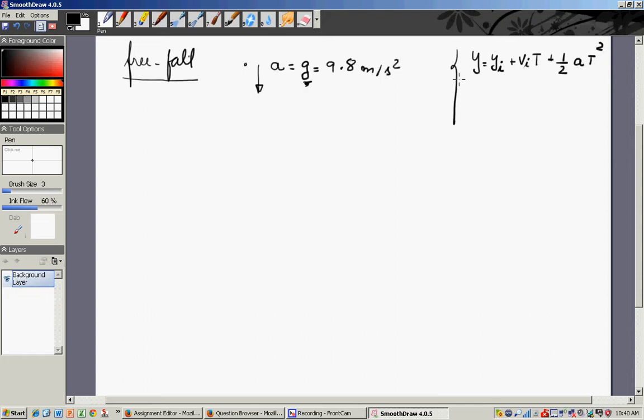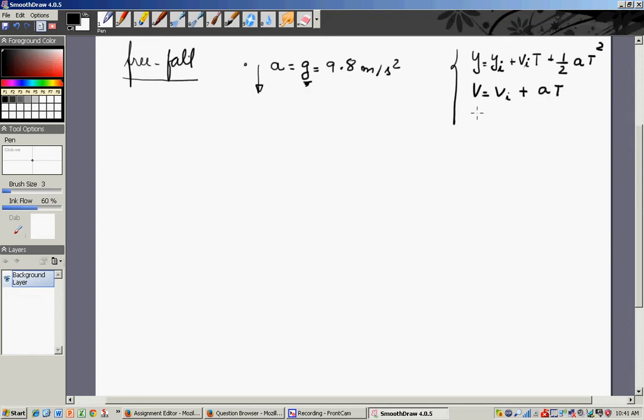This equation gives you position as a function of time. If you want to find out the velocity at a given time, this is the equation you use.